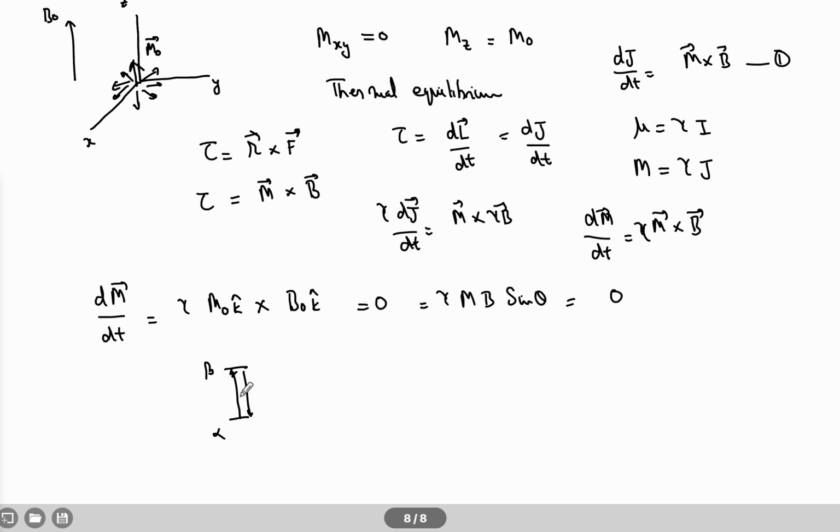The magnitude of M0 will remain constant, but the transitions between alpha and beta state will keep on going, right? That will never stop. It is an equilibrium, but not a static state. There will always be the same excess of population in alpha state as compared to beta state. So P alpha will always be in excess to P beta because of the Boltzmann distribution, and that value will remain constant. We learned that in the last class. But M0 as such, the magnitude and direction, is not going to change. That is clear from dM by dt equal to 0, right?